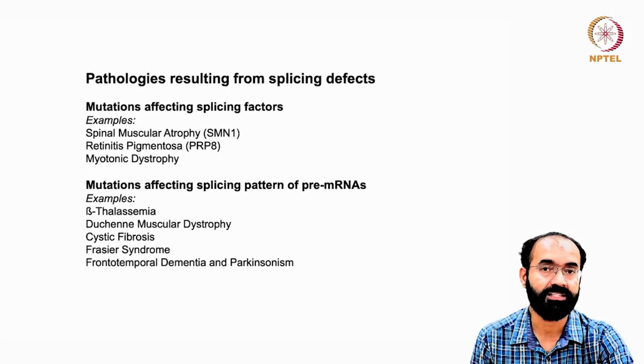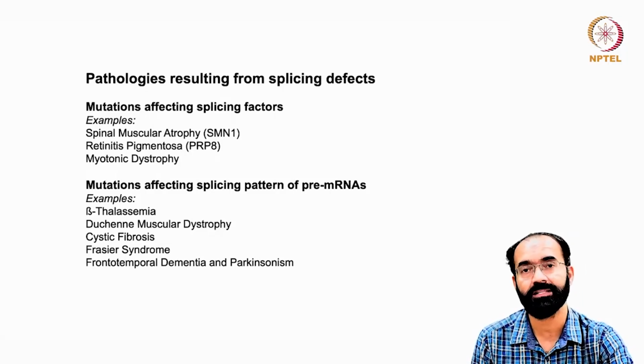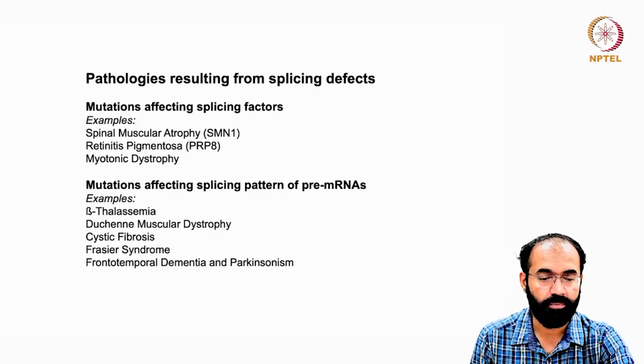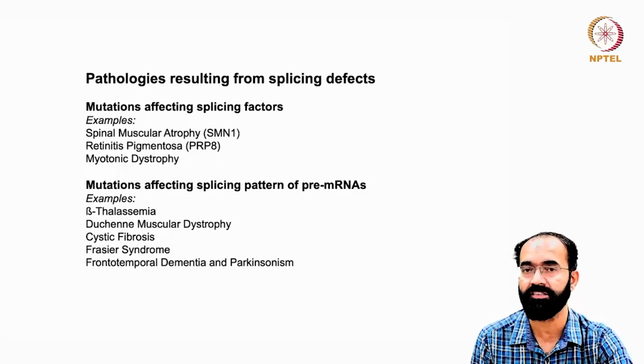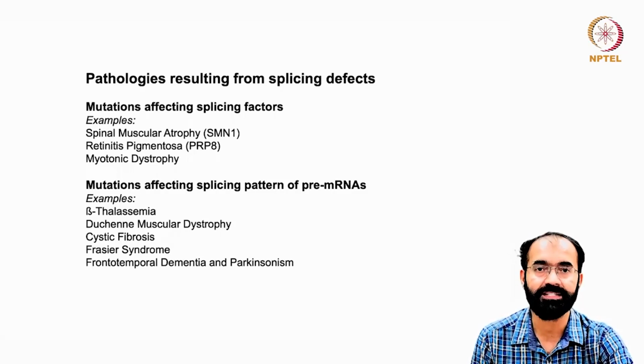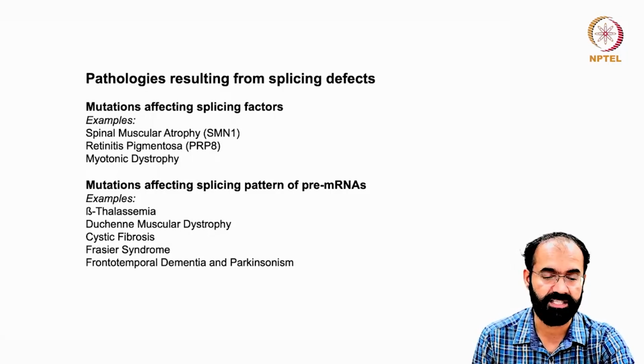Proteins are intact, but the splicing is affected despite the proteins being intact. So that can affect in a gene-specific manner. If the splicing protein is affected, it will affect every splicing, but if one splicing event is affected, then that particular gene is affected.